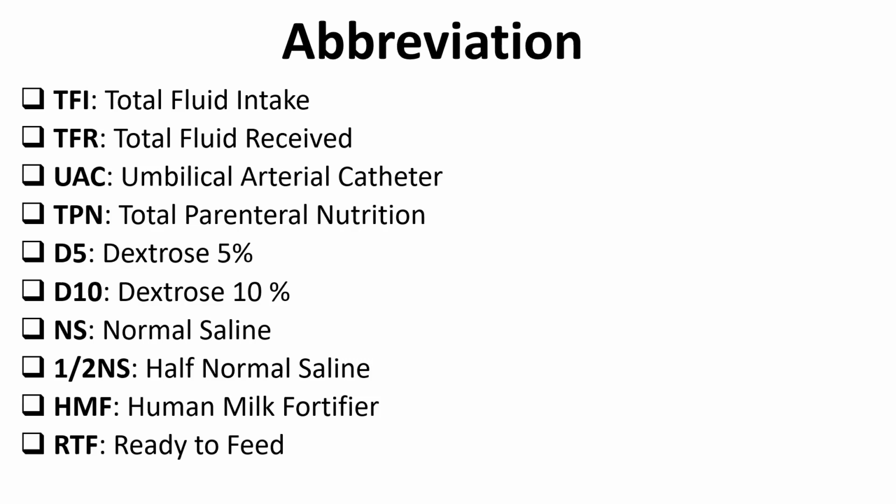Now, tomorrow I will do rounds with you, and you tell me, doctor, the baby received 155 ml per kg in the last 24 hours. So now we will look, me and you, why there is a 10 ml difference between what I ordered yesterday and what the baby actually received.